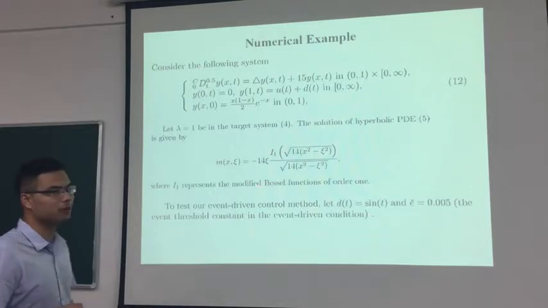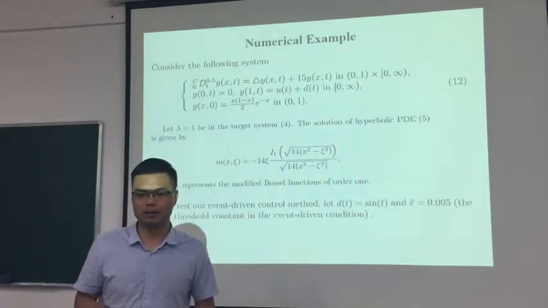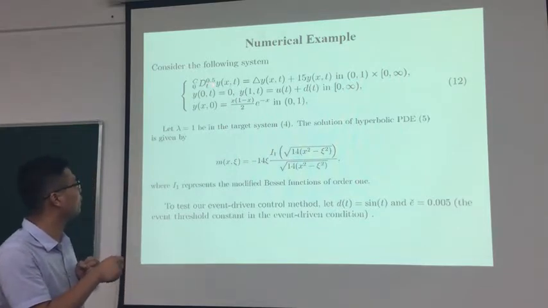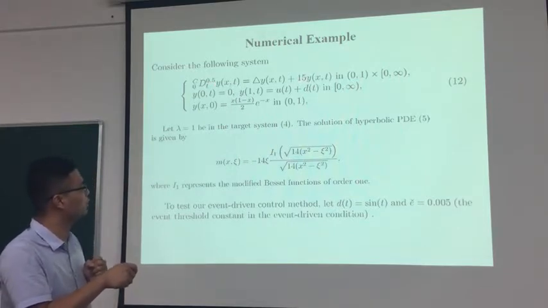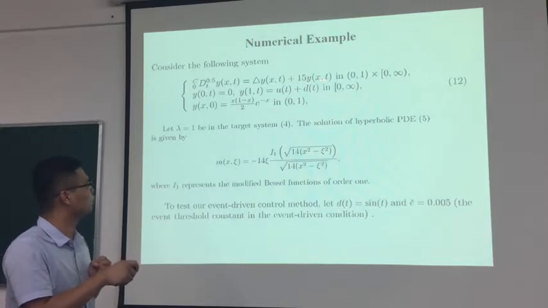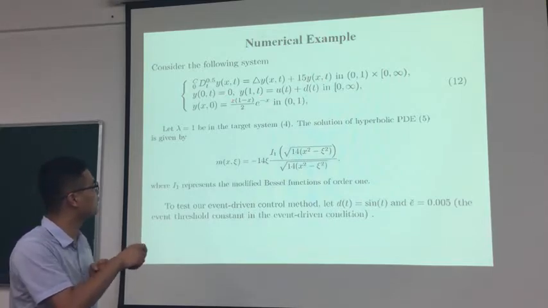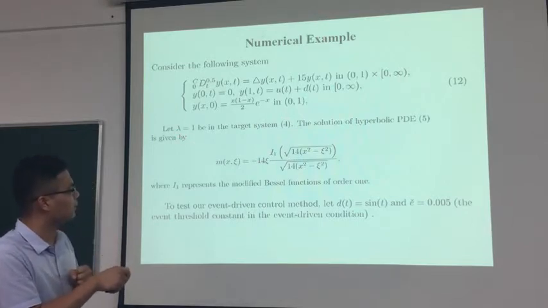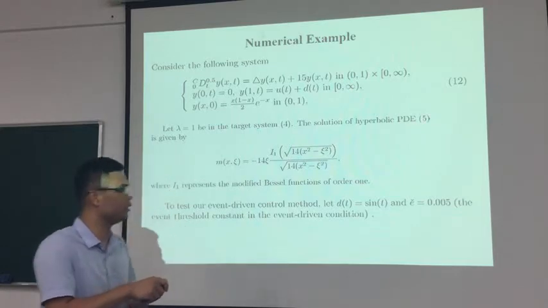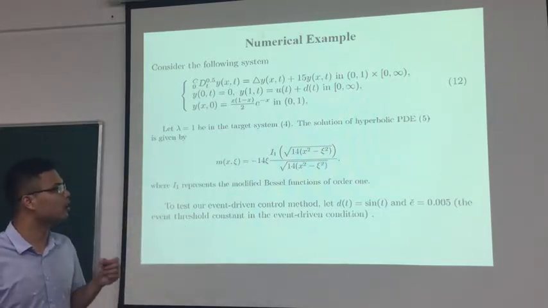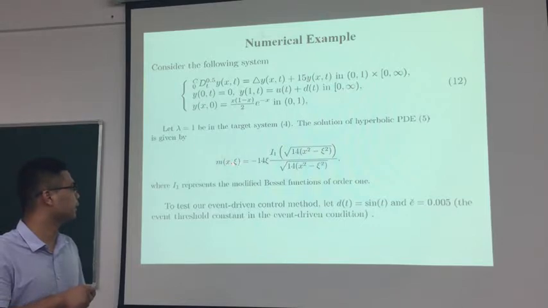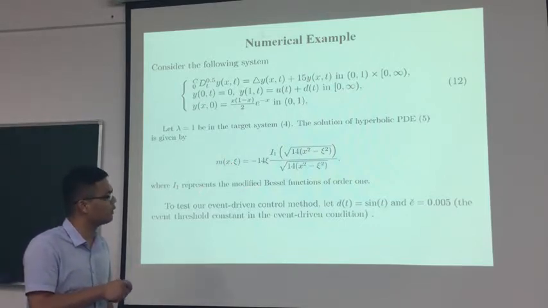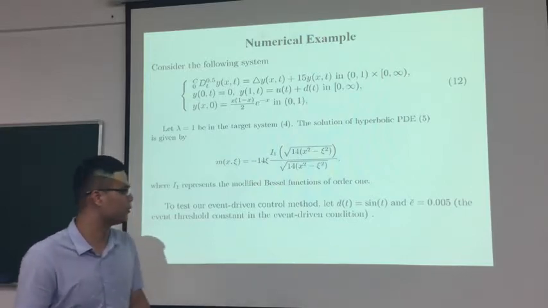Okay, to illustrate the effectiveness of our main results, we consider a numerical example where alpha is equal to 0.5 and sigma is equal to 15. This is the boundary condition, and this is the initial condition. Let lambda equal to 1 in the system 4. The solution of the hyperbolic PDE of the kernel of the integral transform is given like this, where I1 represents the modified Bessel function of order one.